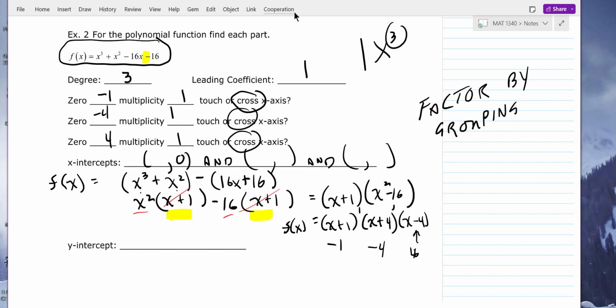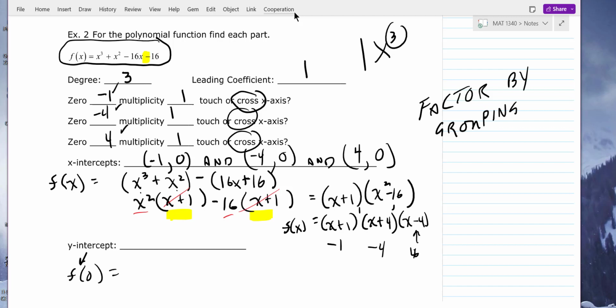Okay, remember on an x-intercept, y is 0. That's the structure. Then just put in your zeros. You have -1, you have -4, and then you have 4 like that. Okay, so that's what you end up getting there. And then we got to figure out the y-intercept. The y-intercept, you just do f of 0.